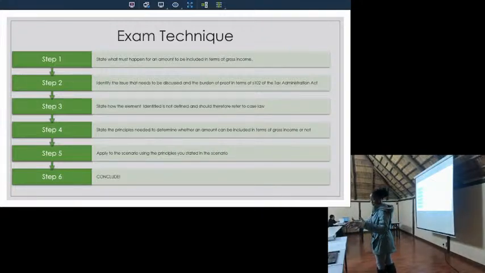You have identified your own triggers, and you think this one is the right case law to prove that an amount should be included in your gross income definition. You state that principle. Doesn't have to be word for word, but it must make sense. If it's for your own benefit, I need to see where it's coming from. That's the Geldenhuys case, right? You don't have to know it word for word, because the moment you do that, I could tell that you are cramming.